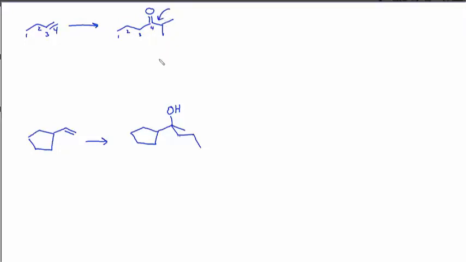And we know how to create carbon-carbon bonds next to carbonyls. We know how to make carbonyls from alcohols. So perhaps the final step might be some sort of oxidation of this alcohol. That might be reasonable, and again, that would allow us to create this bond.